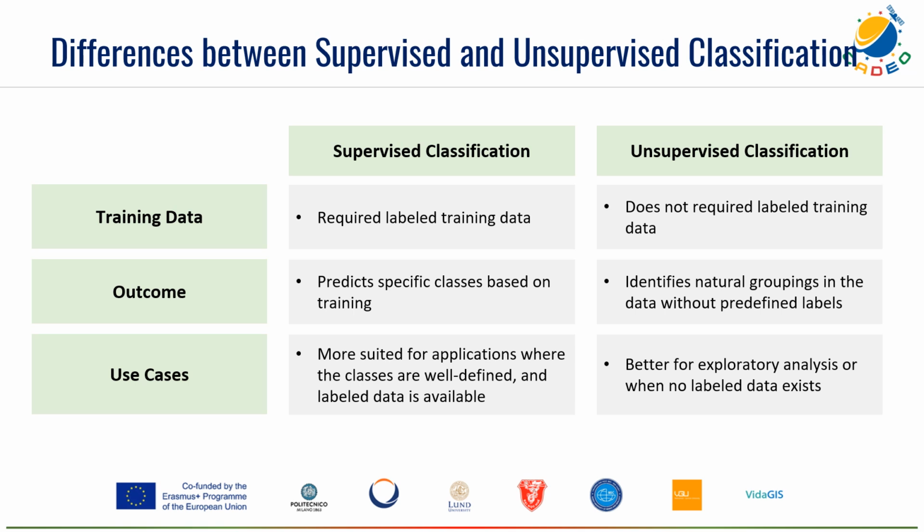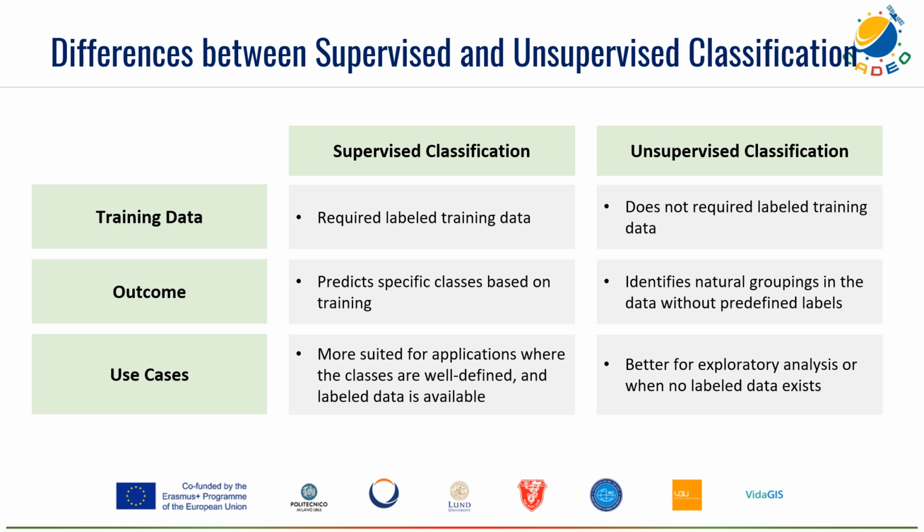The difference between supervised and unsupervised classification includes three features: the training data. Supervised classification requires labeled training data, while unsupervised classification does not. Supervised classification predicts specific classes based on training, while unsupervised classification identifies natural groupings in the data without predefined labels.